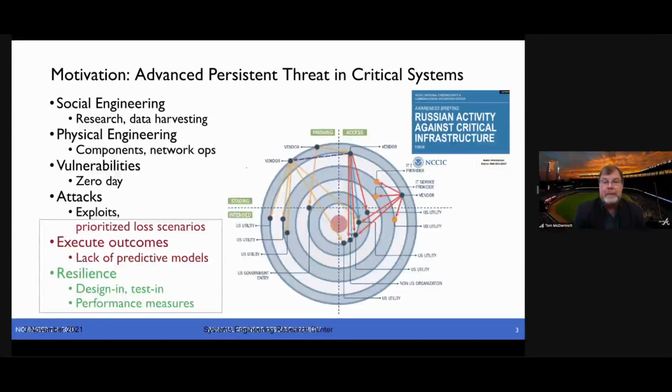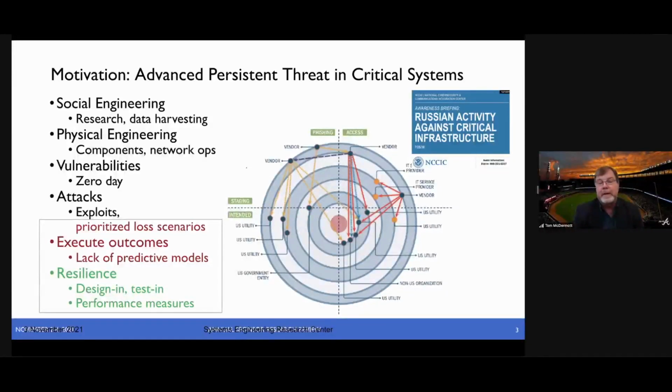There's a process where the threat does social engineering to learn about the system, and then physical engineering to understand how to exploit the system and get into it, and then a lot of testing to figure out the vulnerabilities in the system so that they can deliver their exploit, and then the actual attack scenario in that space. And so cybersecurity traditionally focuses on analysis of that process, which is kind of bottoms up.